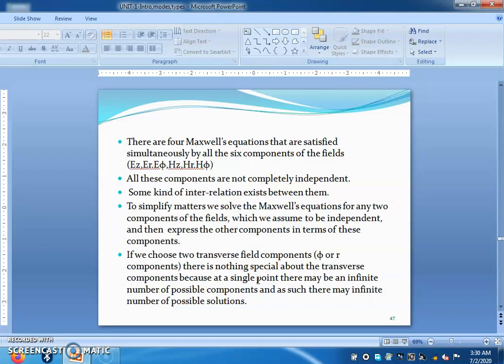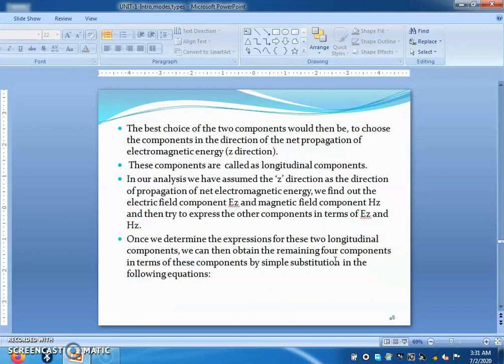Suppose I choose transverse field components, that is the psi or r component; then at a single point itself infinite solutions are possible. So I don't consider this. Then the best choice is the component along the direction of propagation of electromagnetic energy, that is the longitudinal component, the component along the z direction.